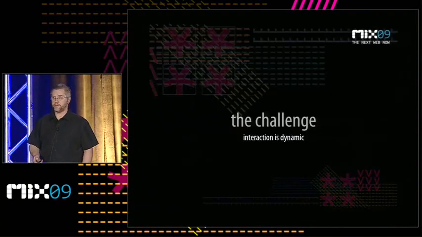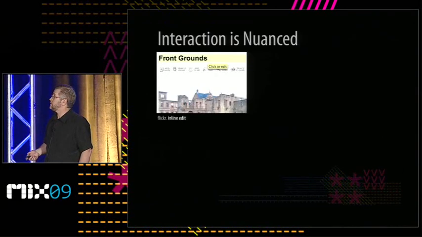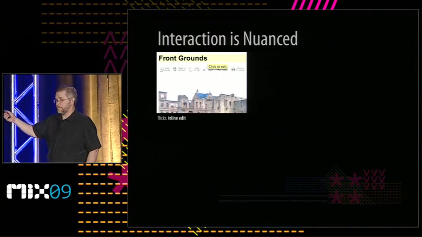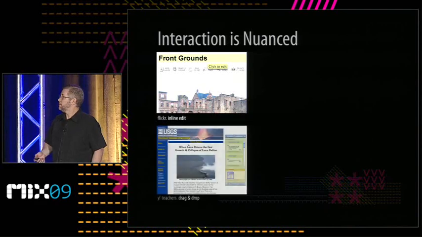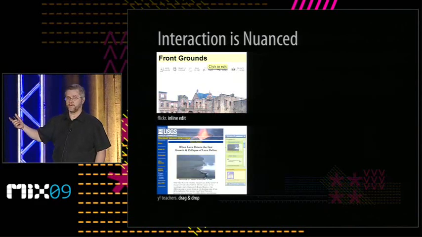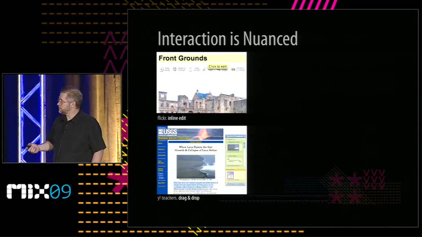So the challenge around prototyping, any kind of prototyping in our world today, is that the interaction is really nuanced. We've got things like Flickr, where you can just click on a title and edit it. Here's an example of something I did when I was at Yahoo called the Yahoo Gobbler, for a product we had called Yahoo for Teachers.